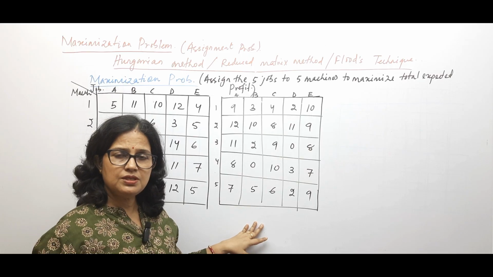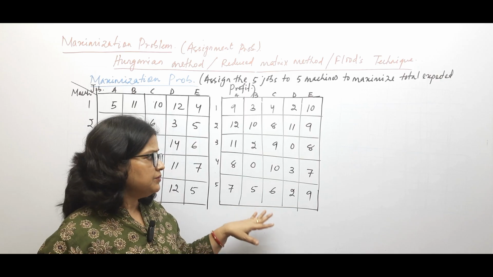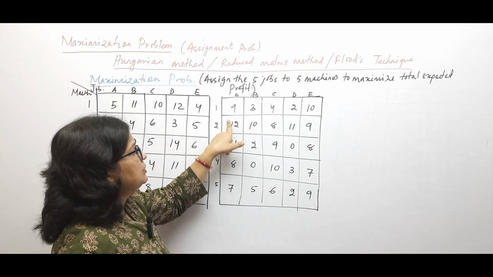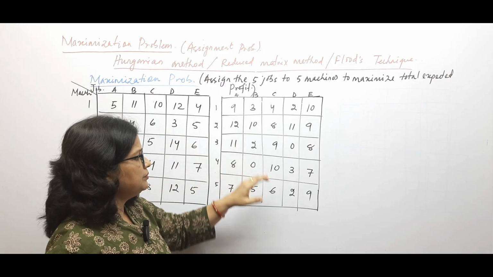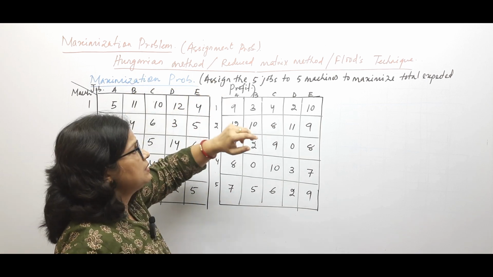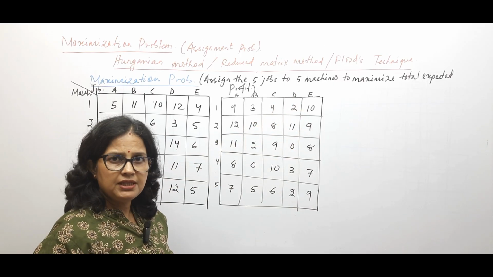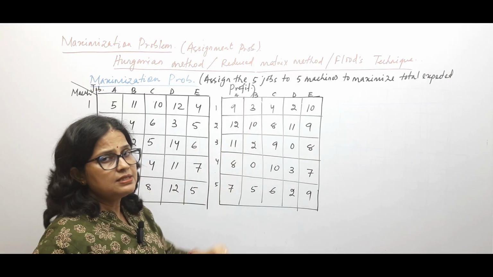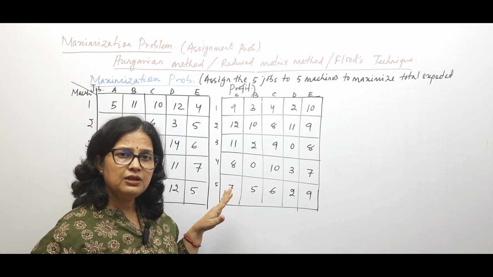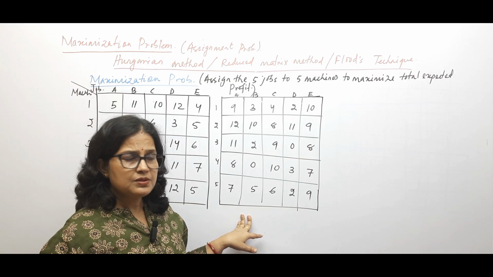Then the same procedure that we followed in our previous class for the minimization problem, we have to apply to solve it. We use the Hungarian method, also known as the reduced matrix method or Flood's technique, which we have already discussed in our previous class. Okay, how are we going to proceed with this?